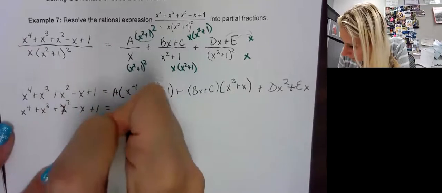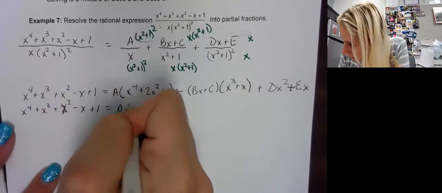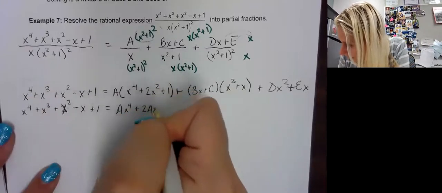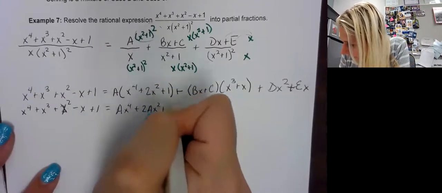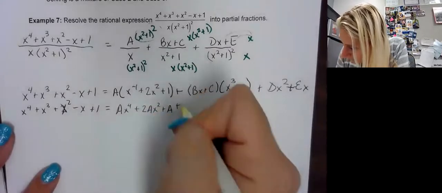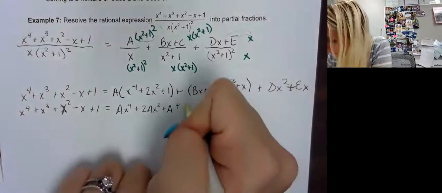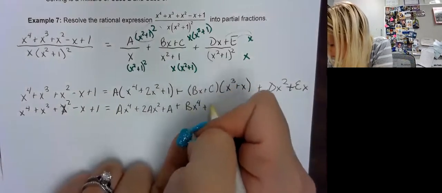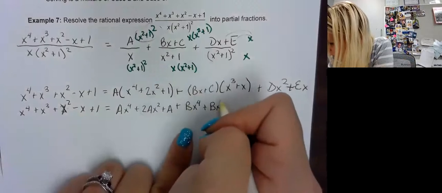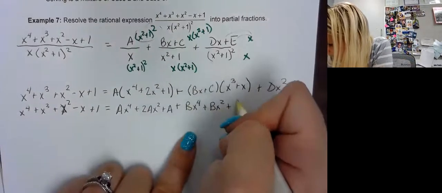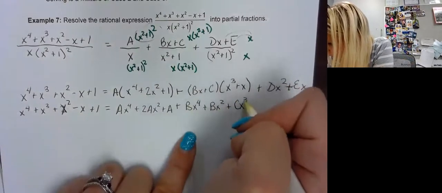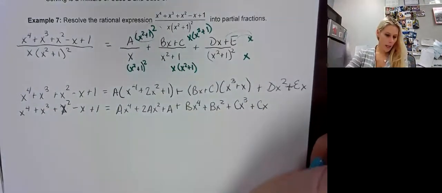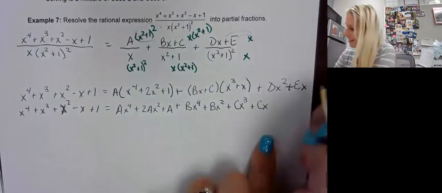We end up with a x to the 4th plus 2a x squared plus a plus, I'm going to FOIL, so we get b x to the 4th plus b x squared plus c x cubed plus c x, running out of room. Okay.